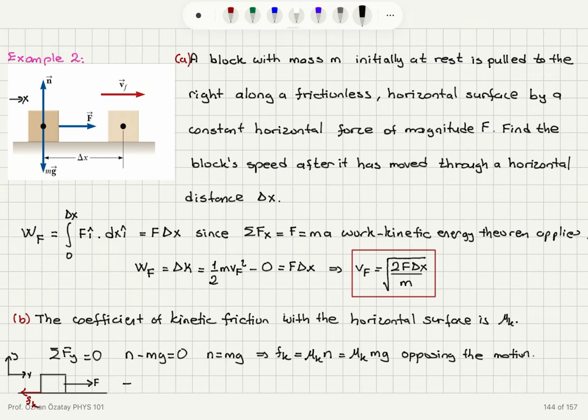Okay, so what is the net force acting on the x-axis? F net x component. It is the force F minus the kinetic friction, which is F minus mu k mg. The net work done on the system is the change in the kinetic energy of the system. So I can say that the net force, F minus Fk, times delta x, the work done by the net force, is 1 over 2 m v final squared minus 0.